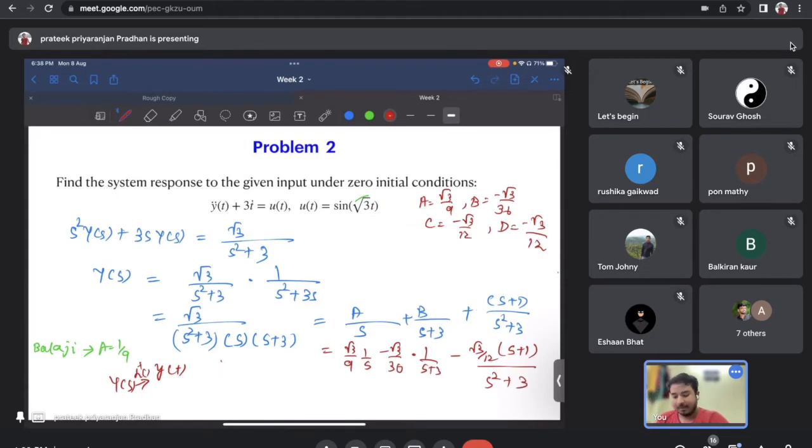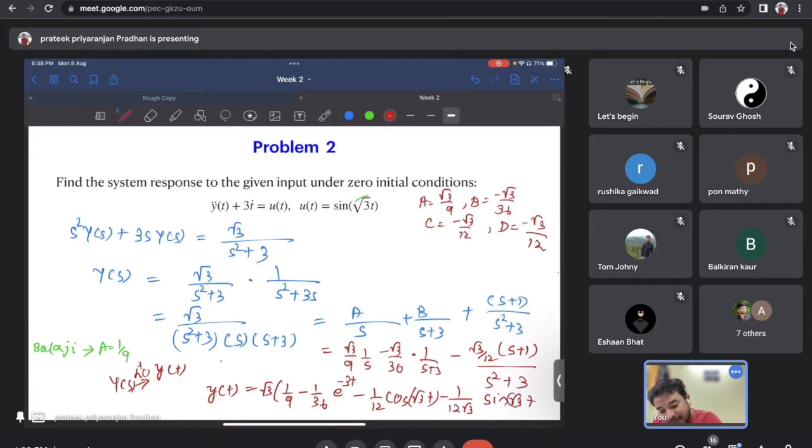What happens if you do the inverse Laplace transform? You can verify it because it will take time, so I'll just write it down. The answer will be root 3 whole into 1 by 9 minus 1 by 36 e to the power minus 3t minus 1 by 12 cos root 3t minus 1 by 12 root 3 sine root 3t.